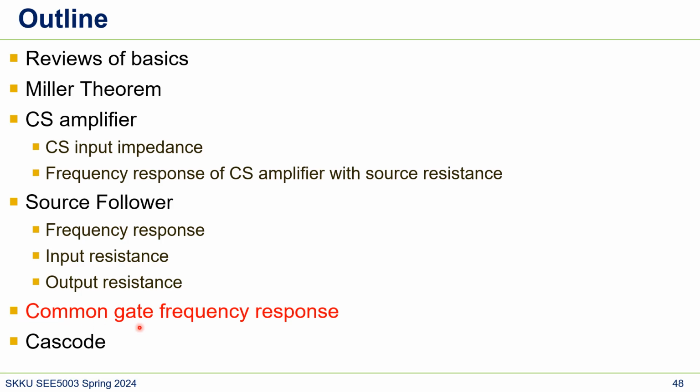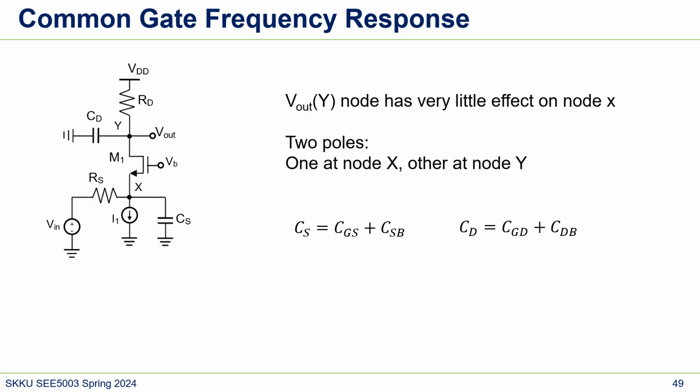And the next is common gate frequency response. For common gate frequency response, note that node Y has very little effect on node X. Why? Because here the input resistance is really large, so Z out is large, which means the node out is not impacting X that much.